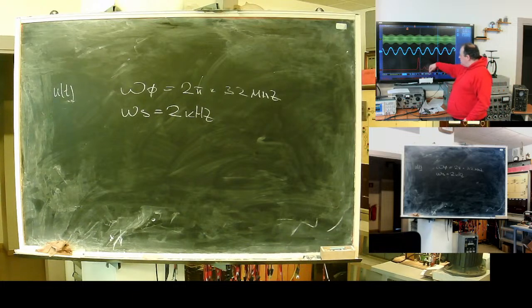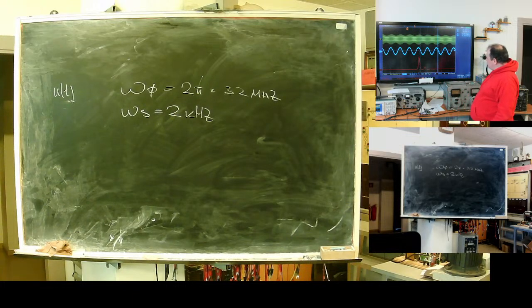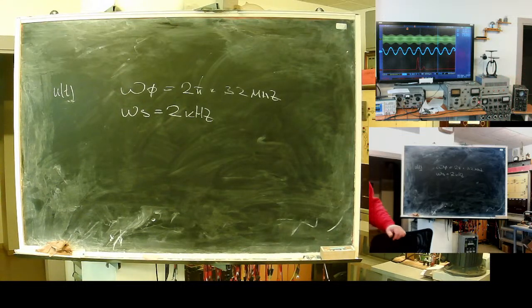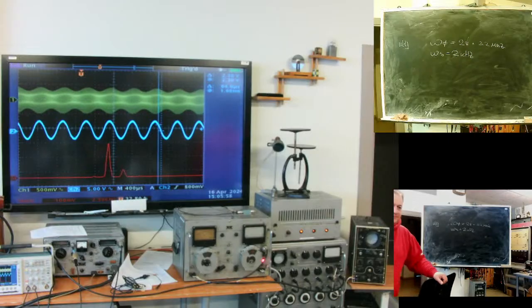Central frequency, one sideband. Should be second one. Receiver bit asymmetric. I need to switch that.